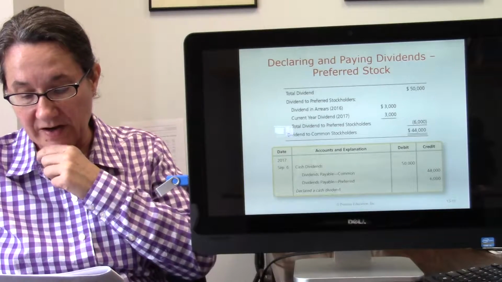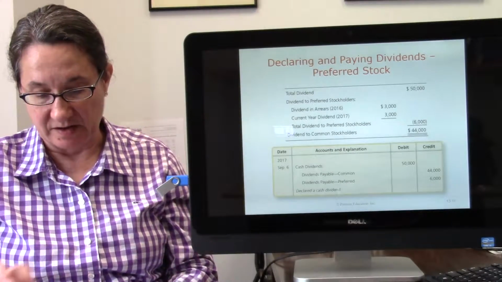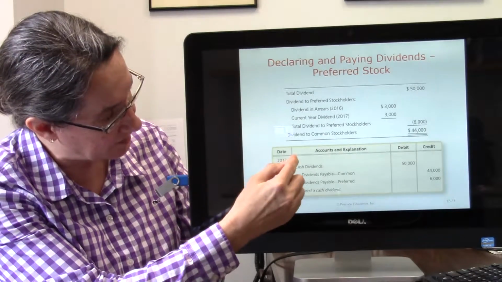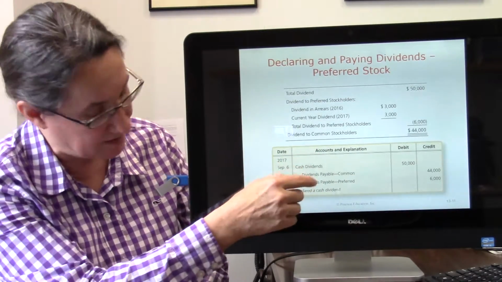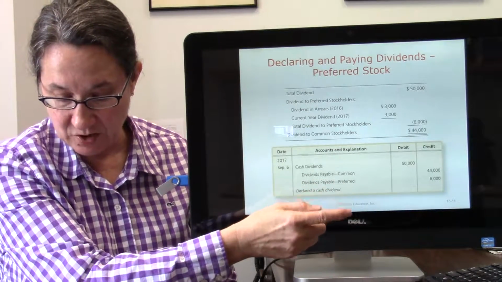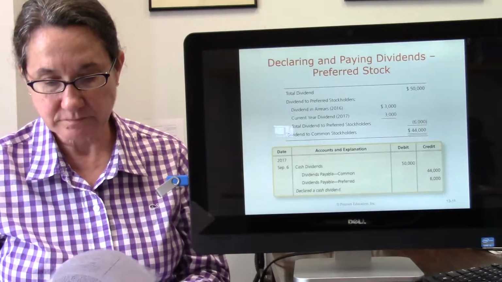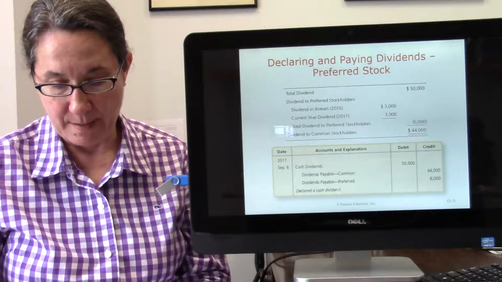All right, assume that on September 6, 2017, Greg's Games declares a $50,000 total dividend, right? So here's that declaration: cash dividends $50,000, dividends payable common, they get everything over what the preferred gets, their $6,000.